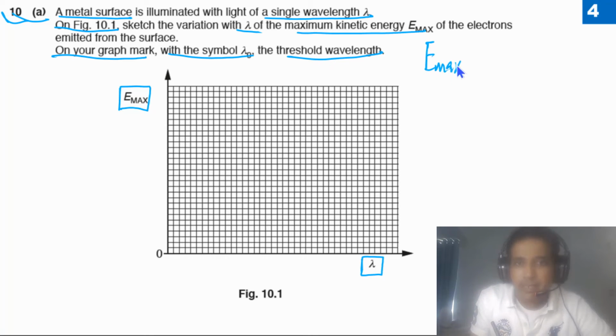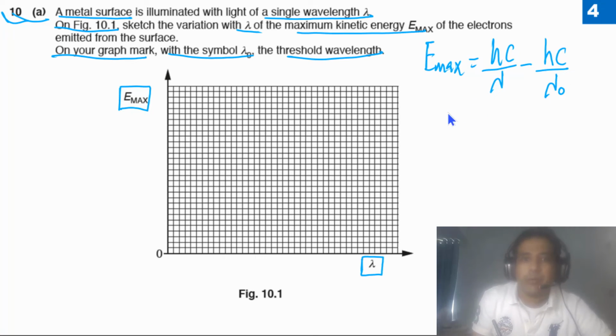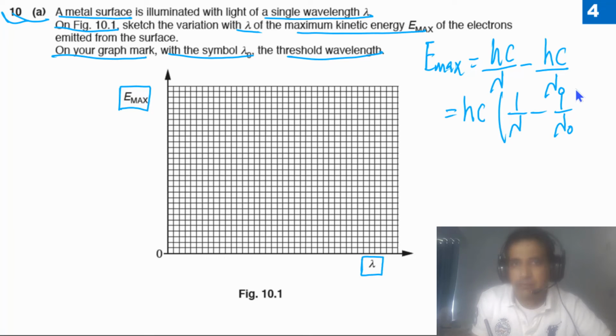So Emax is equal to hc over lambda, where lambda is the wavelength of the incident photon, minus the work function, hc over lambda naught. From here we can take hc common. So we have 1 over lambda minus 1 over lambda naught.